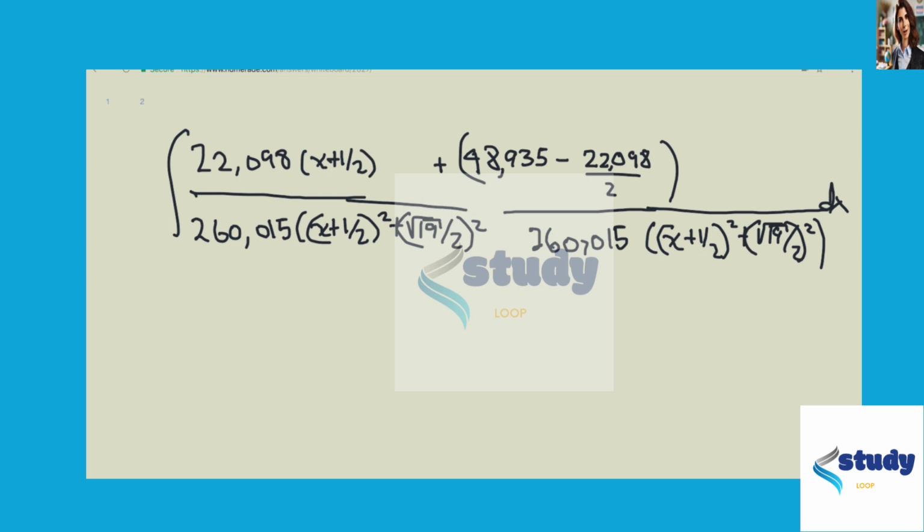Now let's break this into two parts. So here we should take u to just be x plus 1/2, take it to be the denominator there without this number in the front. And then du over 2 is x plus a half dx.